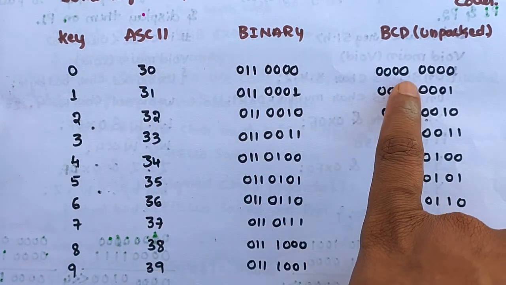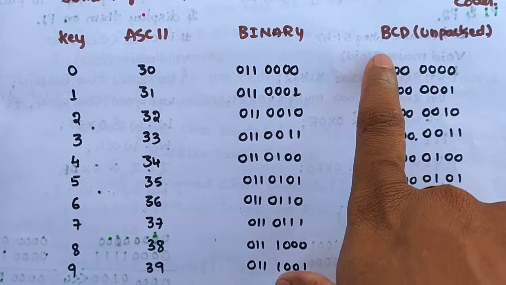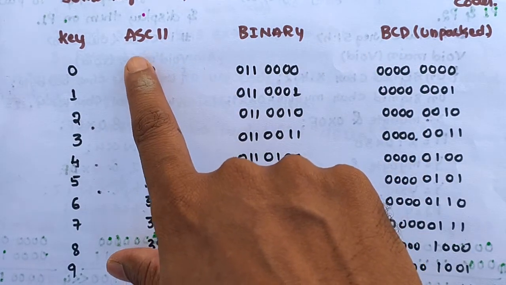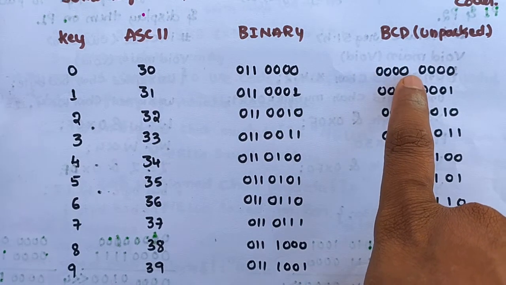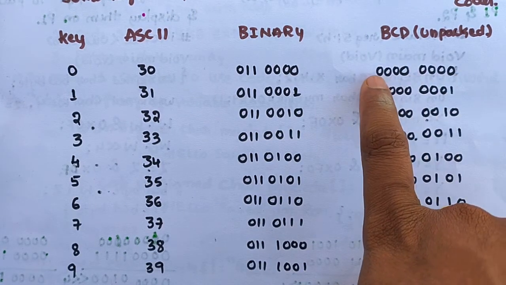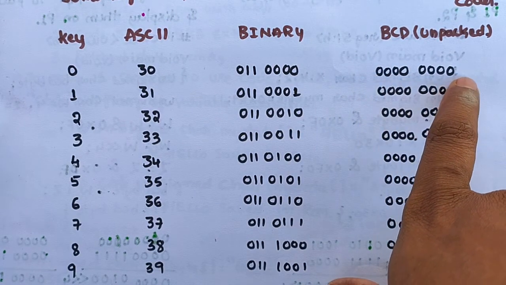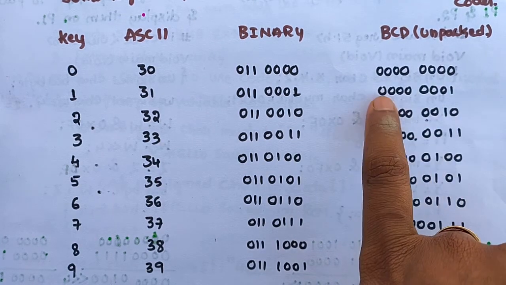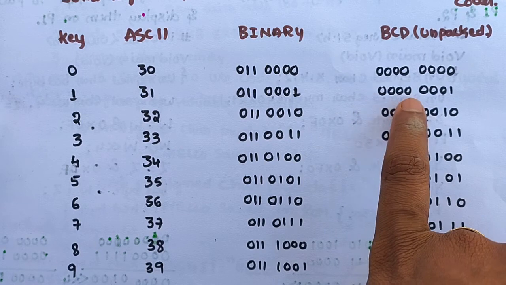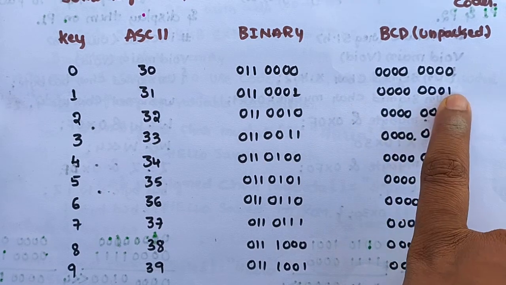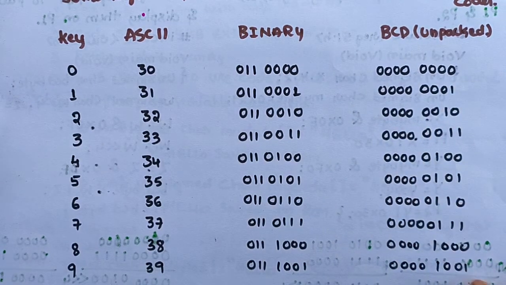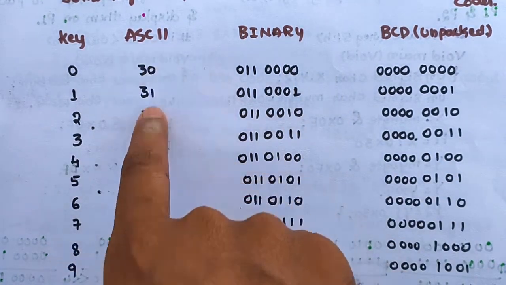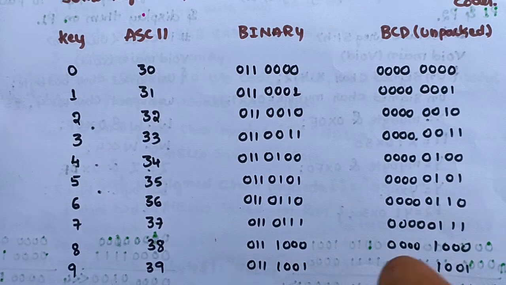So for 3, the BCD value is itself 0011, it's not ASCII related. BCD 0 is nothing but 00000000, and BCD equivalent to 1 is nothing but 00000001. Similarly up to 9. So this is the binary 9 bit pattern and this is the ASCII 9 bit pattern.